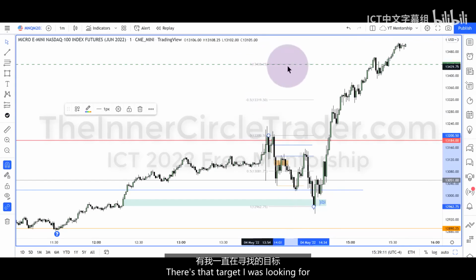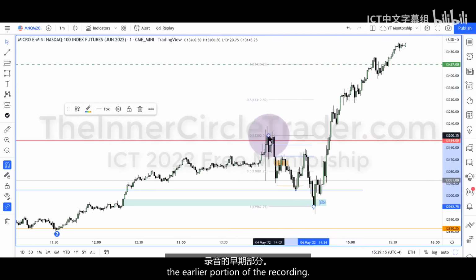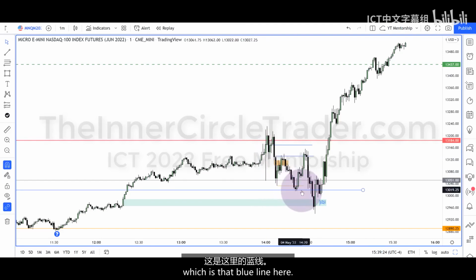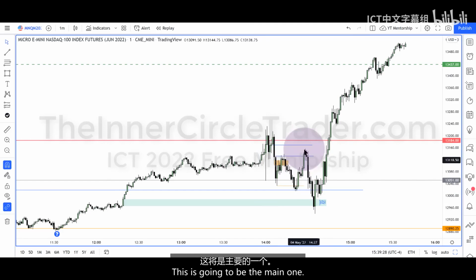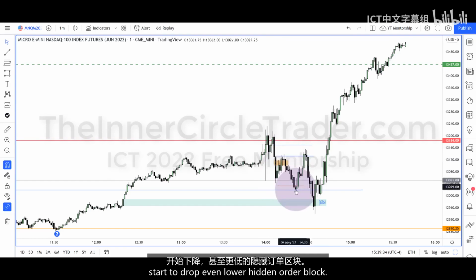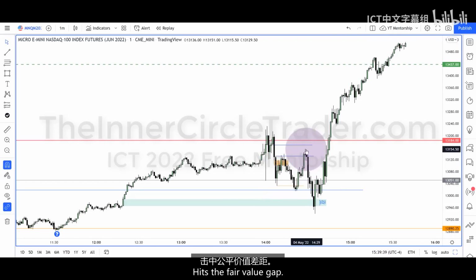There's that target I was looking for right there in the earlier portion of the recording. Okay. Fair value gap. Initial one here drops down, hits the order block, which is that blue line here. It bounced up into the fair value gap. This is what I was suggesting. This is going to be the main one. So it's a run on liquidity, drop down, start to drop even lower, hit an order block, then rallies up, hits the fair value gap.